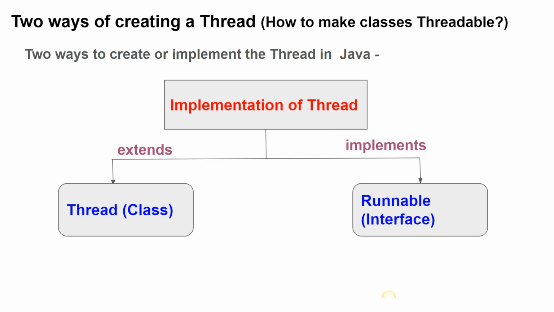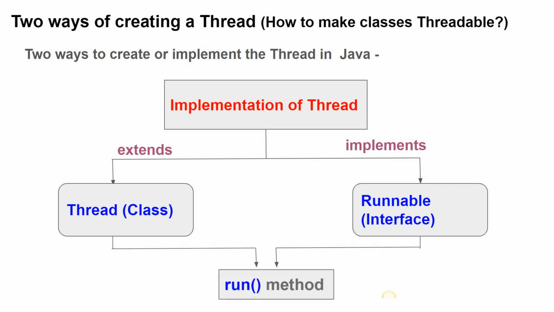Runnable is an interface. Thread class and Runnable interface have a common method called the run method. We'll see how to make use of that.